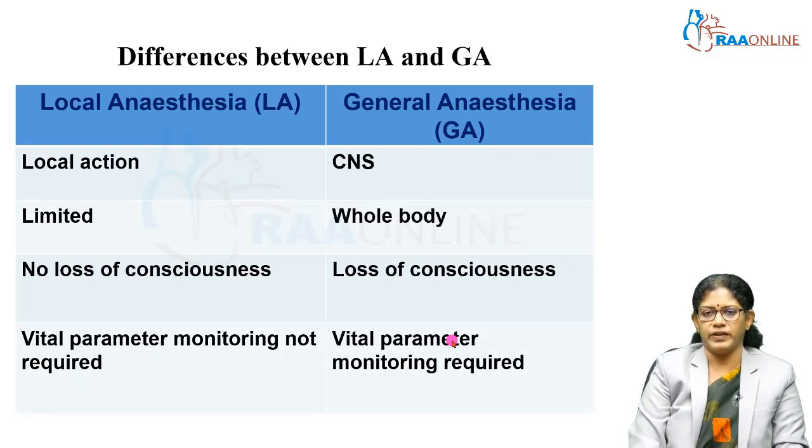What is the difference between LA and GA? LA produces local action. GA involves the central nervous system, whereas local anesthesia produces its effect in a limited part of the body, in a specific organ.